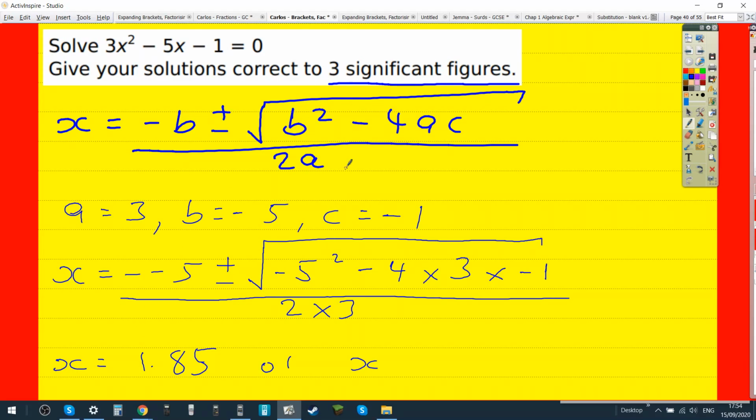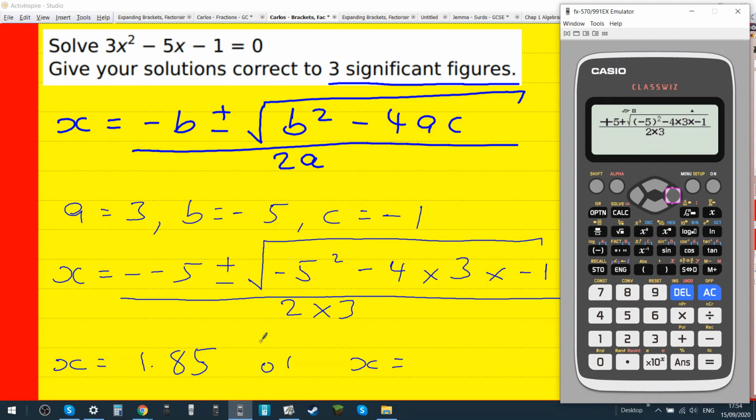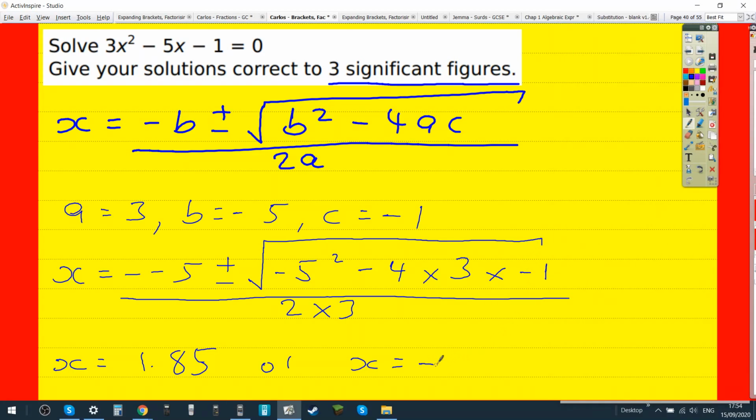And how do you get the second answer? Change the plus to minus. And that is minus 0.18. And just to show it, you do 180, even though it's the same thing.